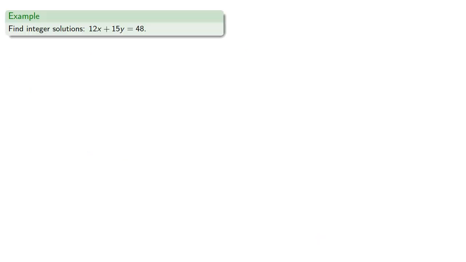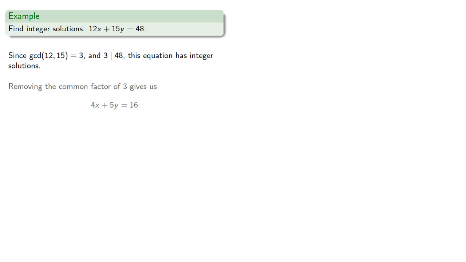So let's find integer solutions to this linear equation. Since the greatest common divisor of the coefficients is 3, and 3 does in fact divide the constant, this equation does have integer solutions, and we might as well just remove that common factor to begin with. And now our coefficients are relatively prime. So now we can solve 4x congruent to 16 mod 5, and 5y congruent to 16 mod 4.